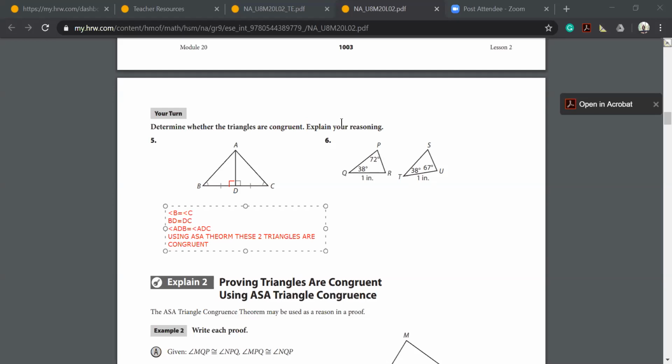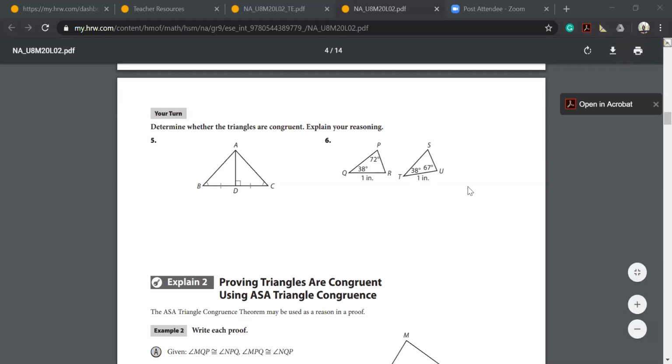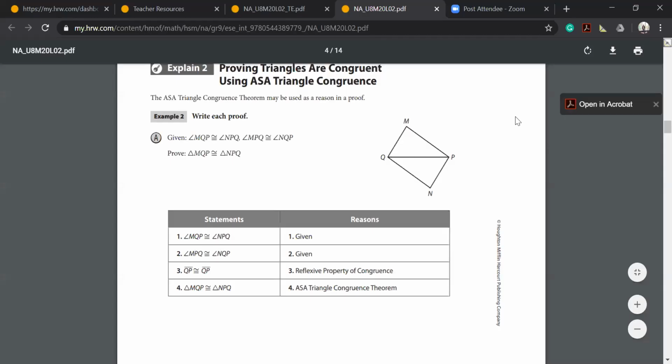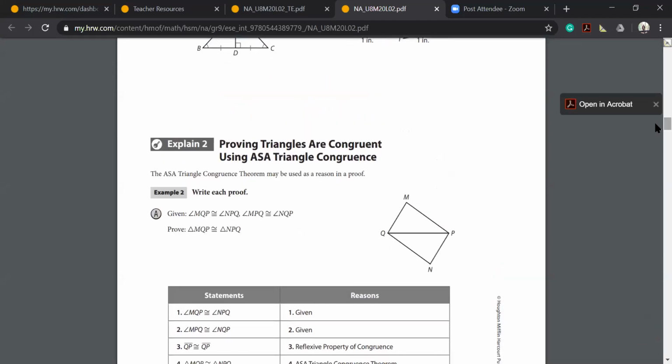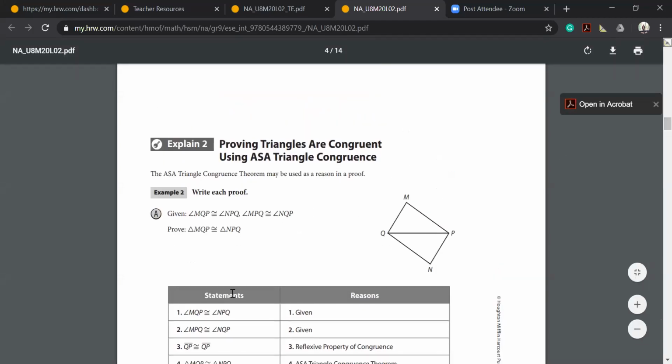Okay, let's go to the second part of the lesson. In the second part, we are doing the proofs that you love, with statements and reasons. The ASA triangle congruence theorem may be used as a reason in a proof, girls, in the reason column.